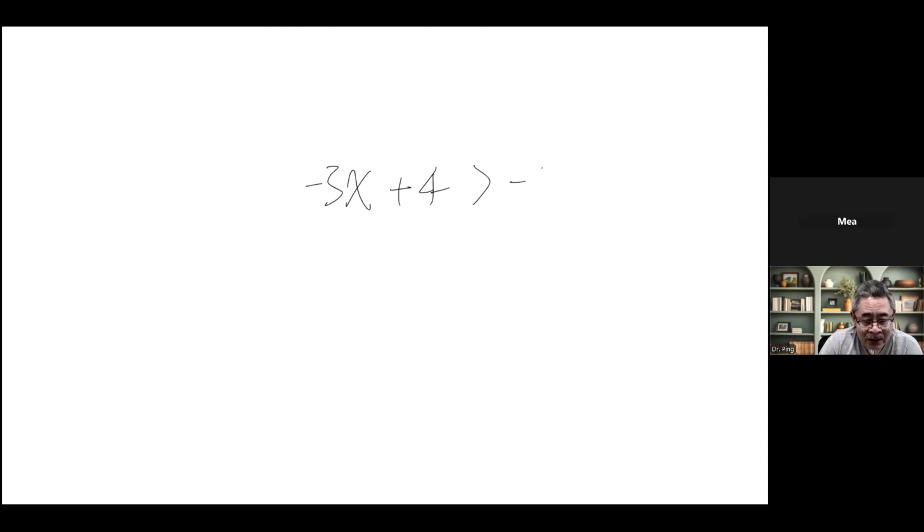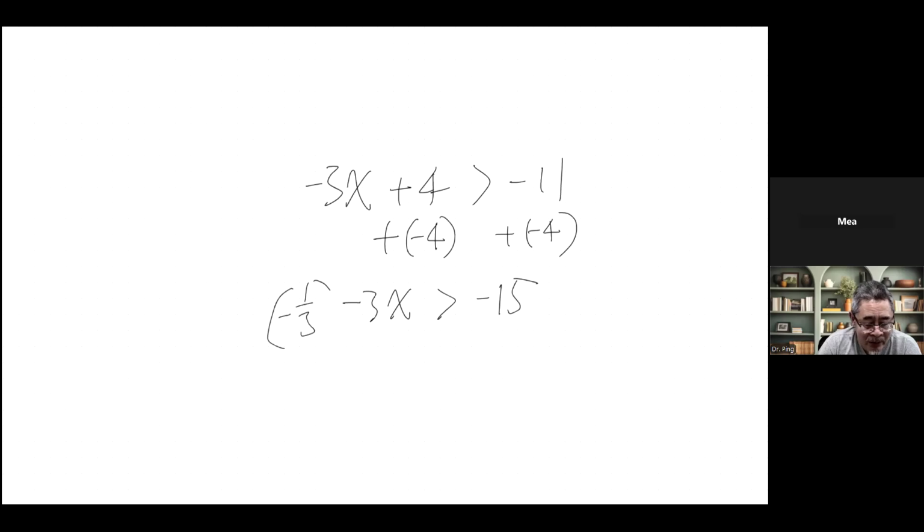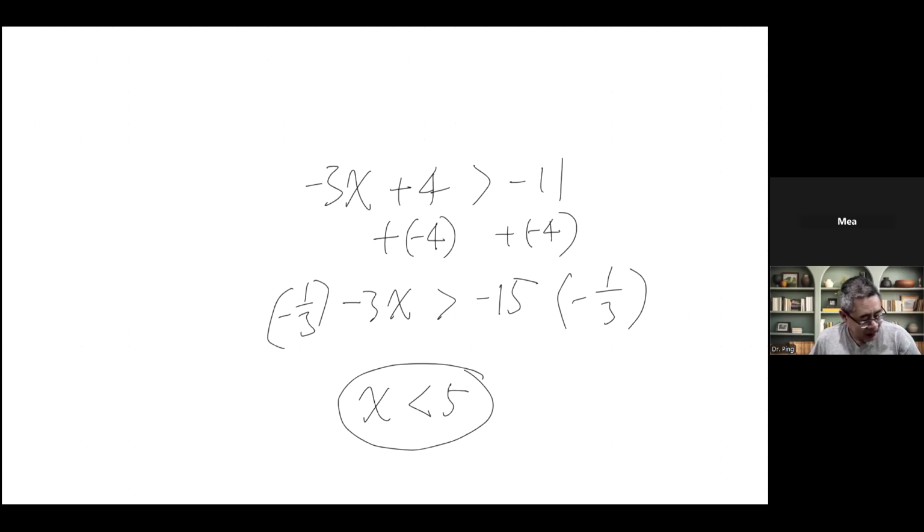Again, we just add the opposite, and then we get negative 3x greater than negative 15. Now here, because we're multiplying by a negative number, with x here, we have to flip the sign. Negative 15 times negative 1/3 is just 5. So we get that. Okay, good.